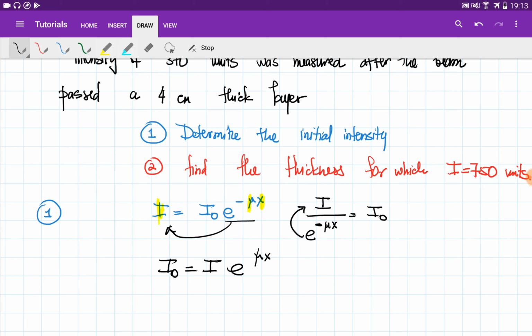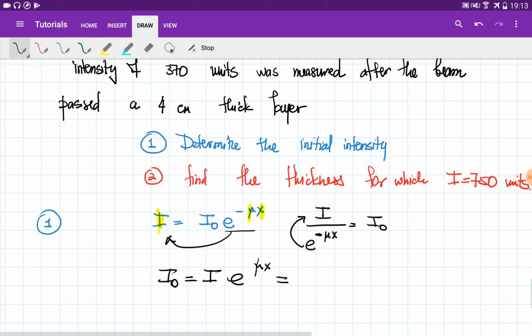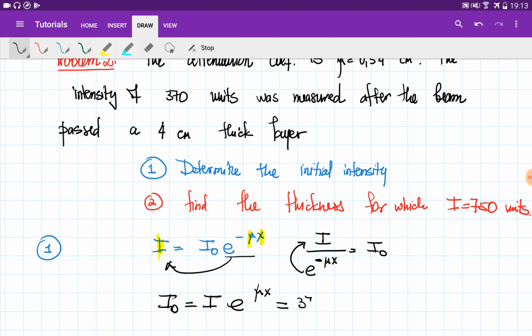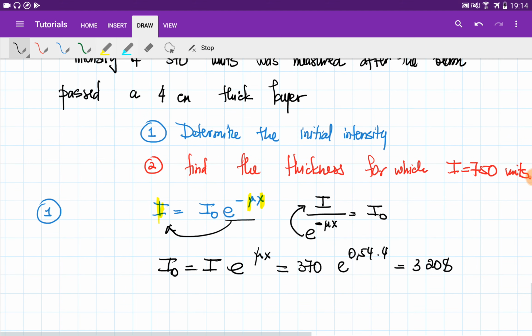Then I put everything in: I is 370 multiplied by e to the power of mu, 0.54, multiplied by 4 centimeters. Let me calculate this. It's going to be 3,208. Okay, so that is the initial intensity.